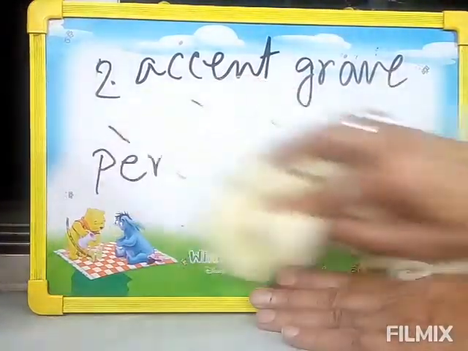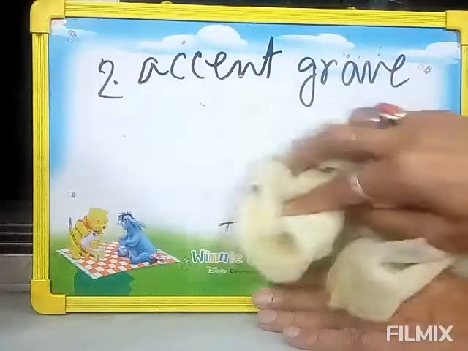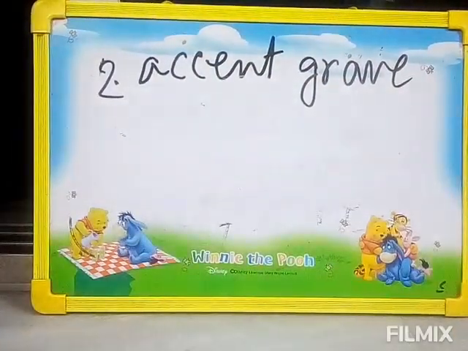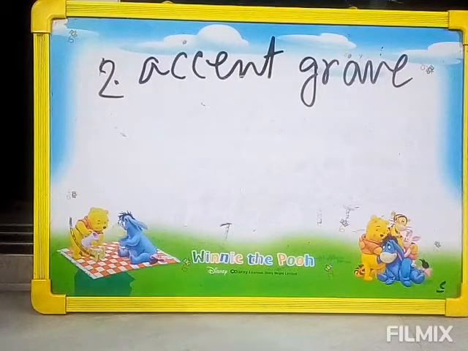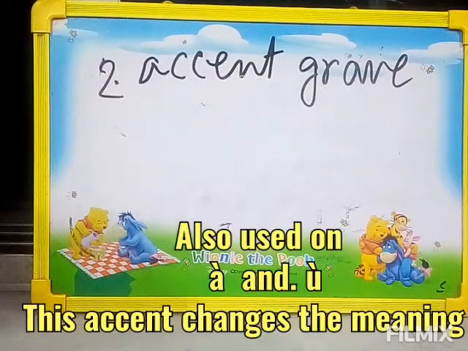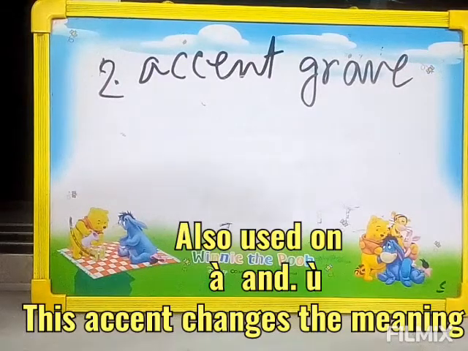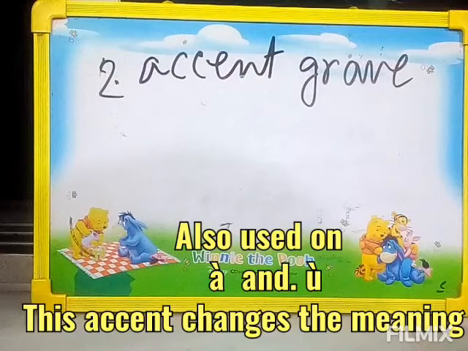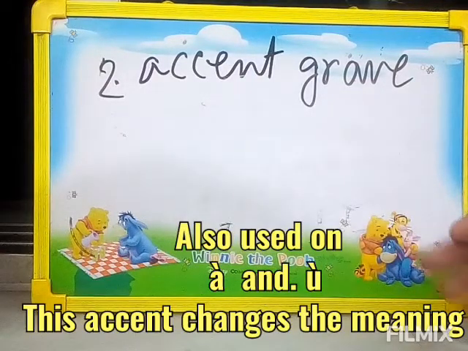Now the question arises: are these accents used on other alphabets or not? Yes, this accent grave is also used on A and U, but I have to tell you first that when it is used on A and on U, it does not modify the pronunciation. The pronunciation stays the same, but it modifies the meaning of the word.